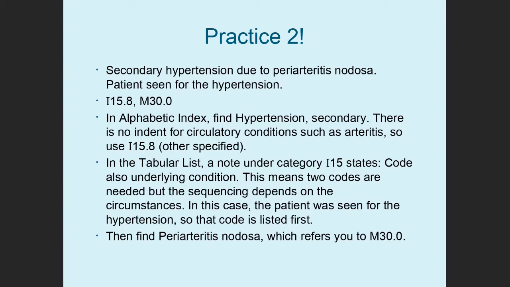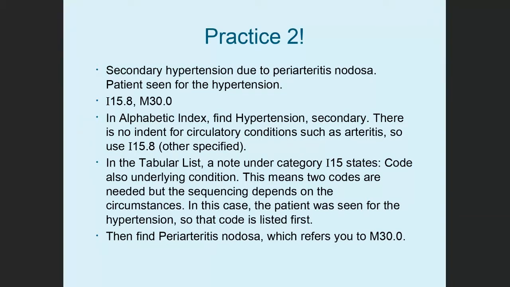So in the alphabetic index, find hypertension, secondary. There's no indent for circulatory conditions such as the arteritis, so we're going to use the other specified. It's specified, but there's no indent for it. There's no specific code for it. In the tabular list, a note under category I-15 says code also underlying condition.